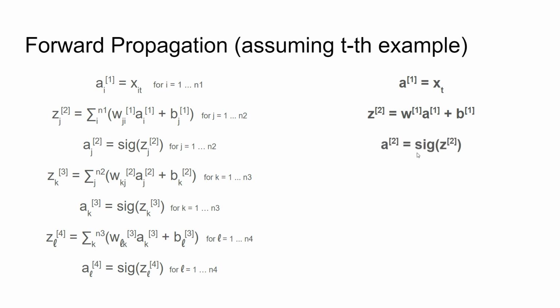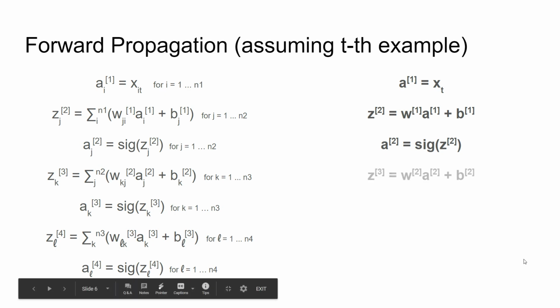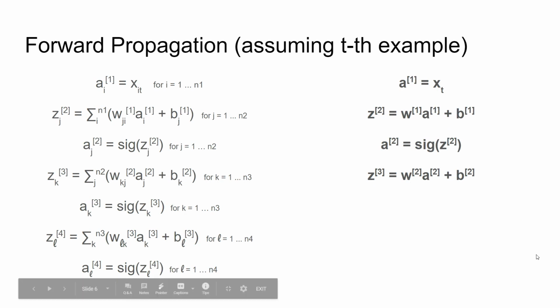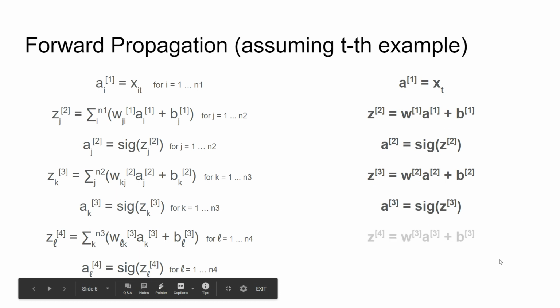A2 is obtained by sigmoid of z2, which is the function applied element-wise over each element of z2. Similarly, z3 is obtained by w2 into a2 plus b2. A3 is obtained by sigmoid of z3. Z4 is obtained by w3 into a3 plus b3, and lastly a4 is equal to sigmoid of z4.